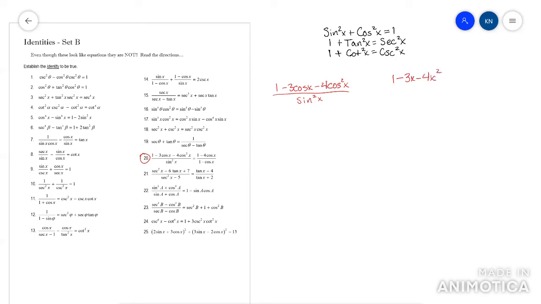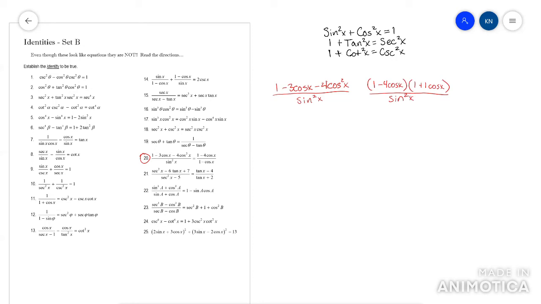You should probably be able to factor that like a trinomial. So if you factor this like a trinomial, you're going to get 1 minus 4 cosine and 1 plus 1 cosine. That's over sine squared x.